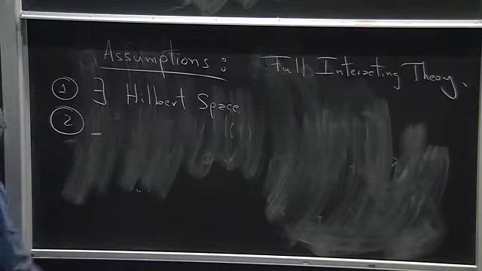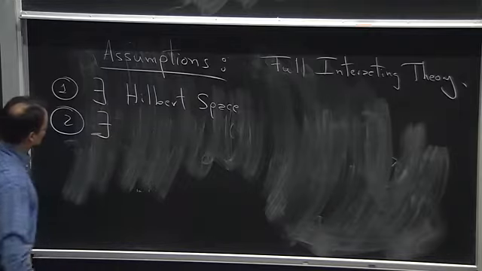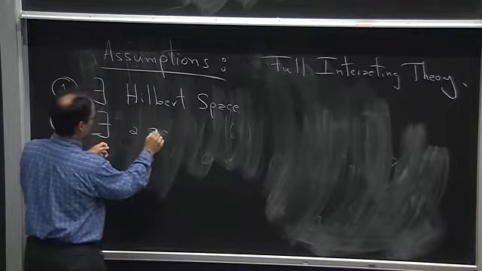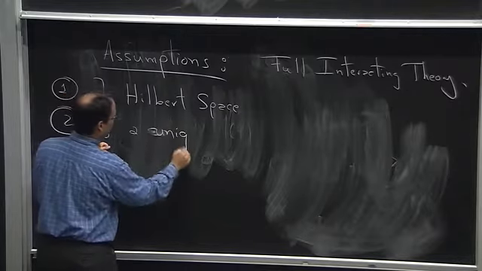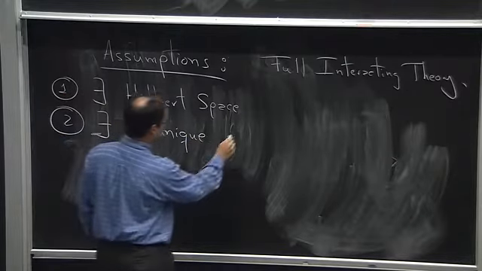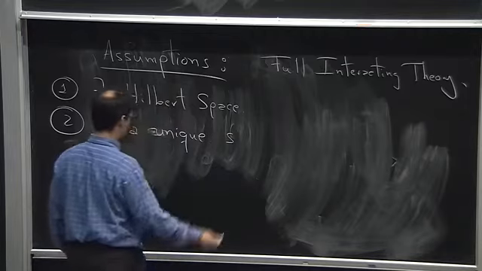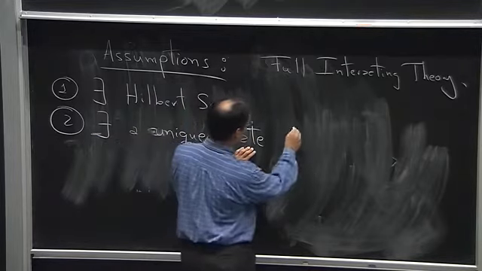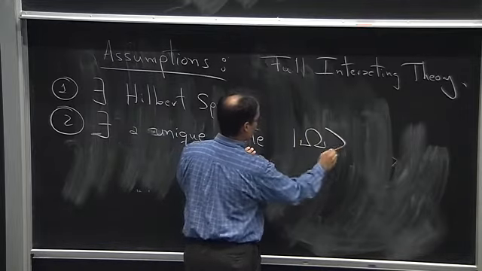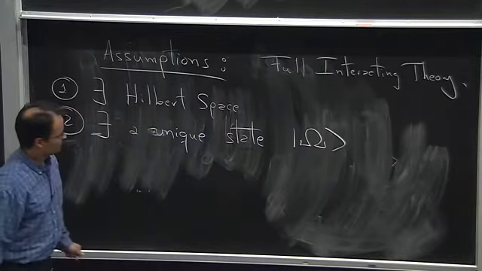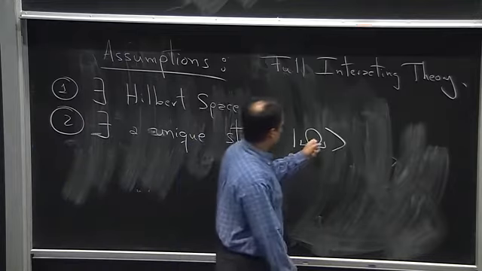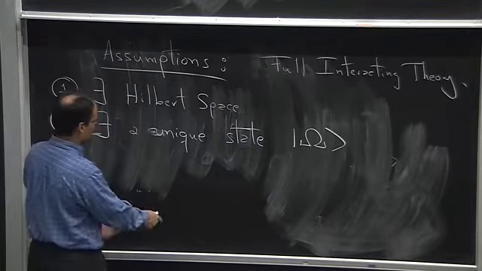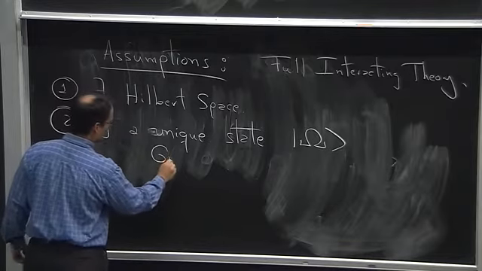The second assumption is that in the Hilbert space, there exists a unique state, which we're going to call omega, and it's a state of smallest possible energy, so we're going to call it the ground state.